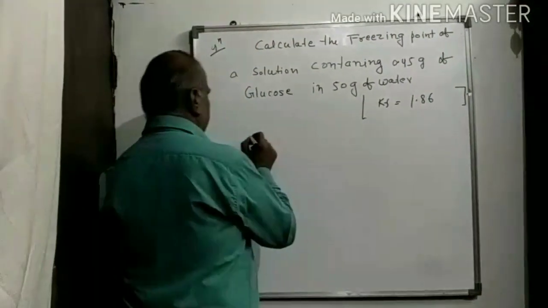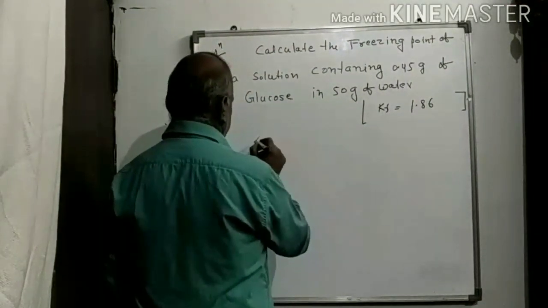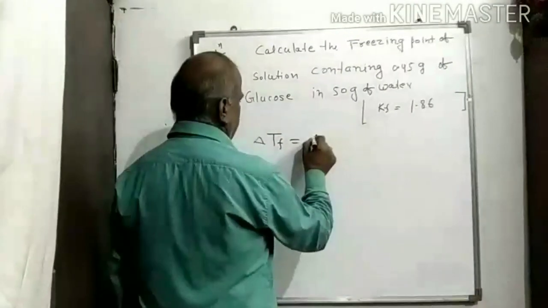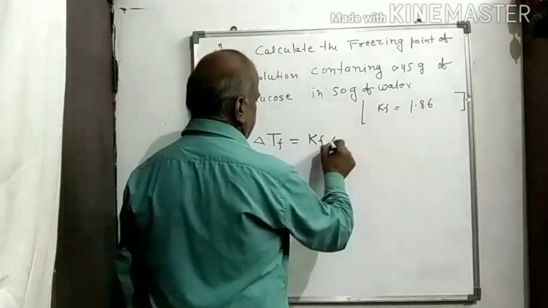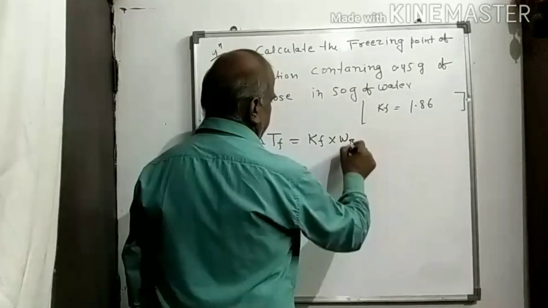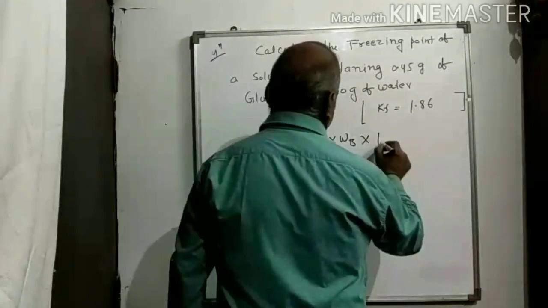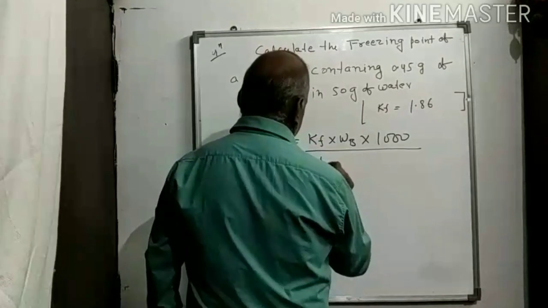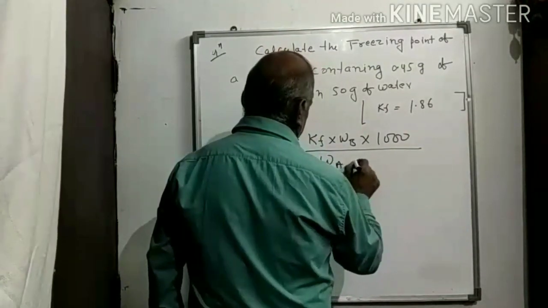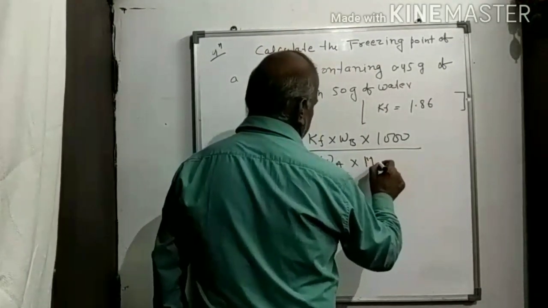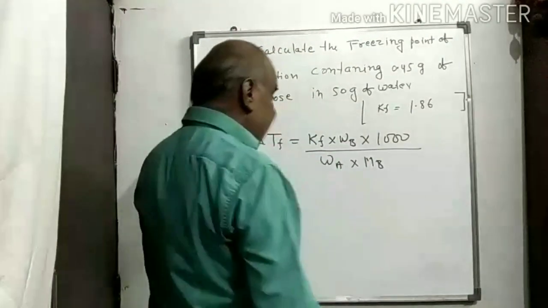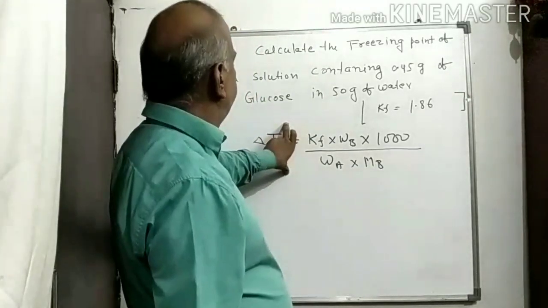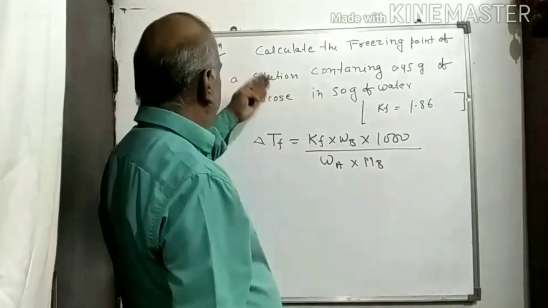At first, the formula is delta Tf is equal to Kf into WB into 1000 divided by WA into MB. This is the formula which I wrote before.